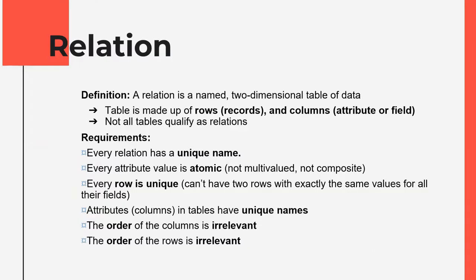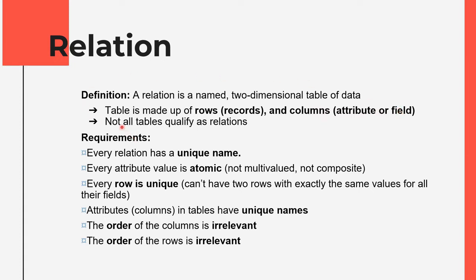A relation, by definition, is a name and a two-dimensional table of data. The table is made up of rows of records and columns that have an attribute or field.